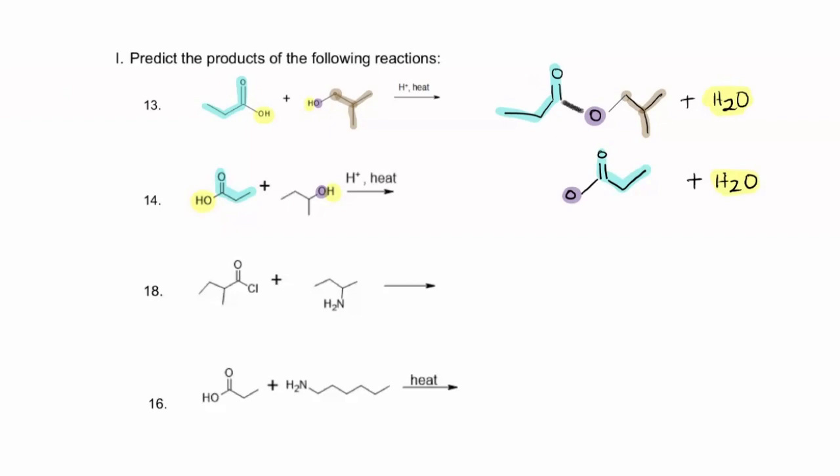In this case, I have a carbon with a CH3, another carbon, another carbon. So to follow the highlighted atoms, this is this carbon, and then it has these groups. And that's how we draw the ester that comes from that carboxylic acid and that alcohol.